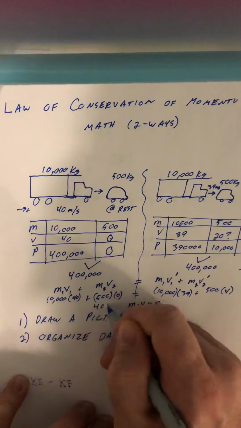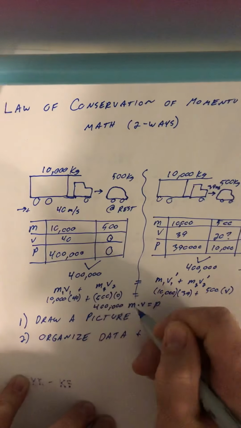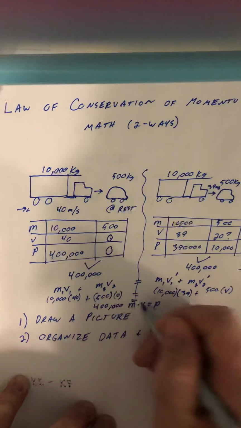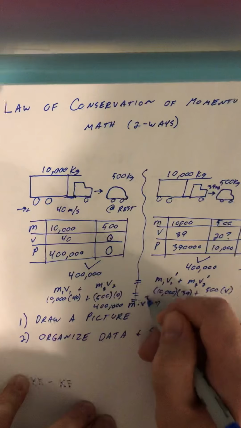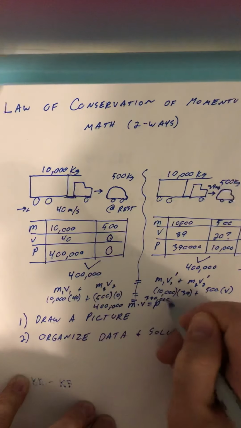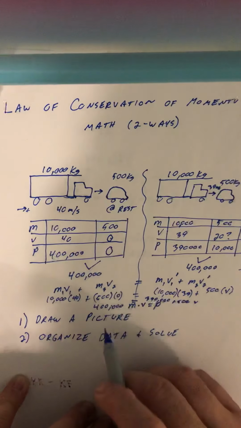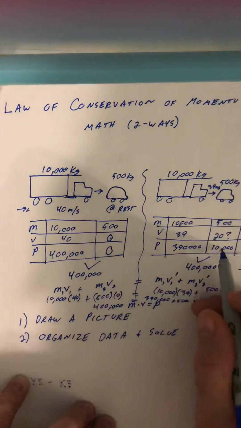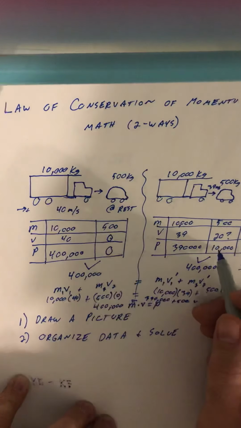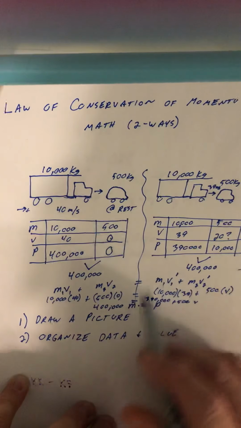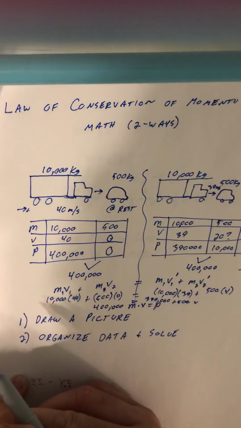Over here, it'd be 400,000 equals 390,000 plus 500 V. Subtract 390,000 from both sides, and I would have 10,000. That 10,000 divided by 500 will give me the same exact answer that I had.